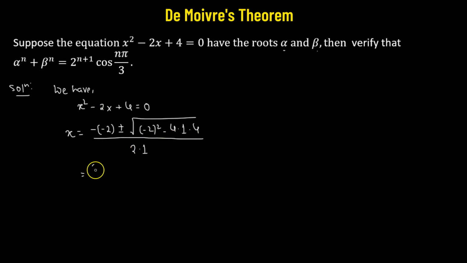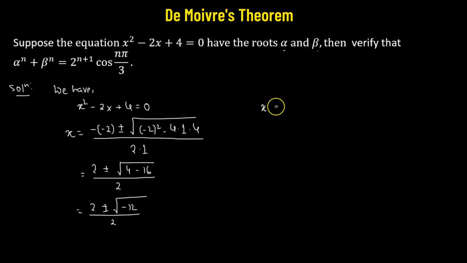That will be 2 plus or minus the square root of 4 minus 4 times 4, that's 16, all divided by 2, which gives us 2 plus or minus the square root of negative 12, divided by 2.